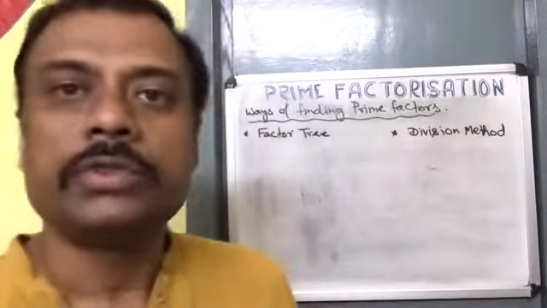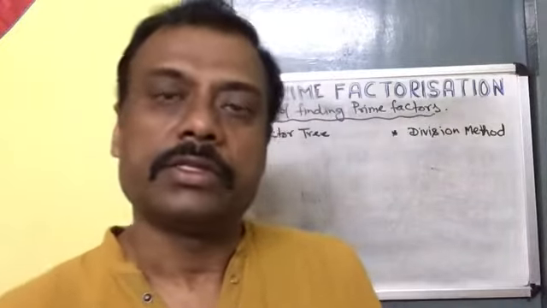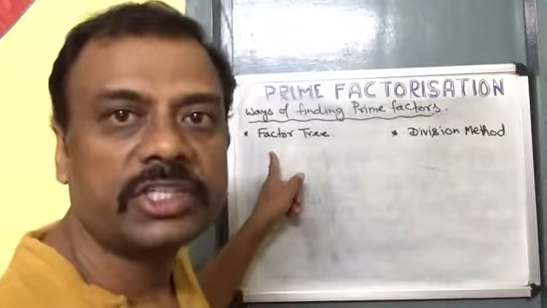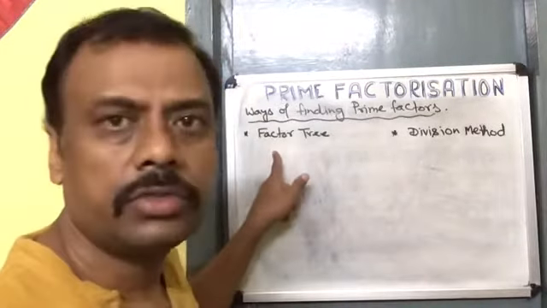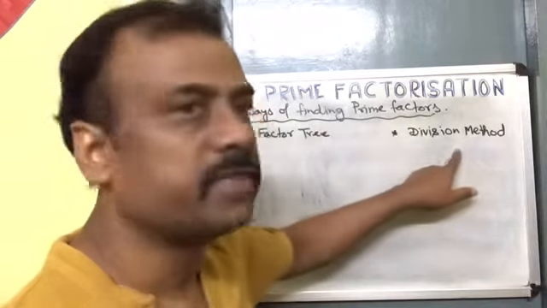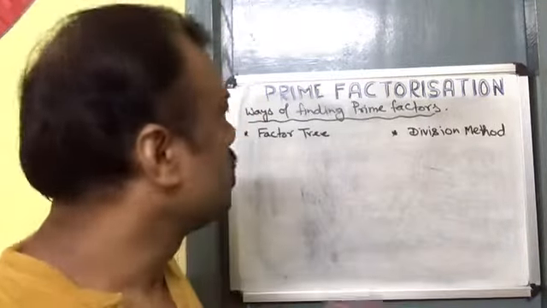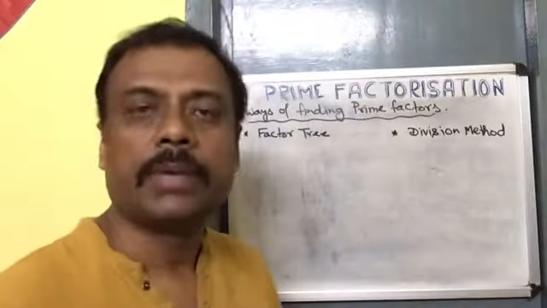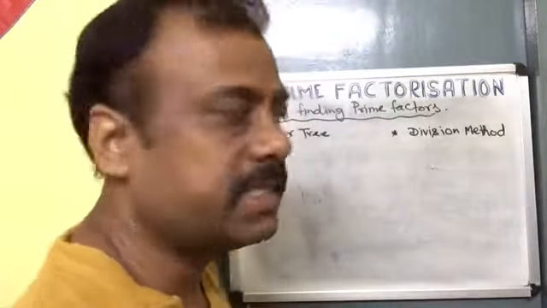There are two ways to find the prime factors of a given number. One is with the help of a factor tree. This method is useful for smaller numbers. The other is the division method. Let us try to understand these two methods. I am going to take the example of the number 60.